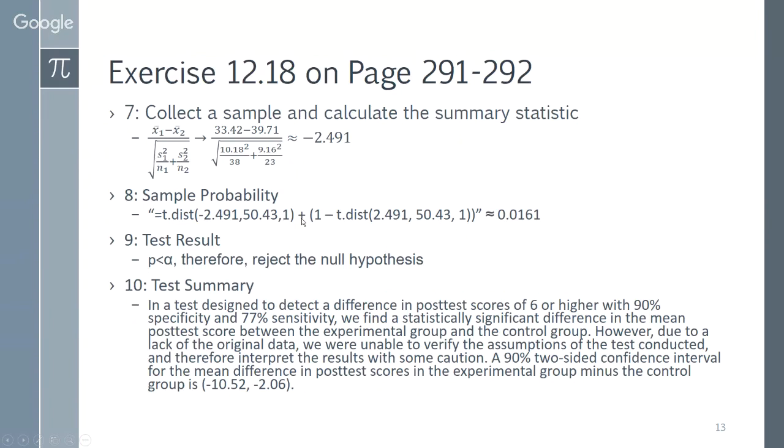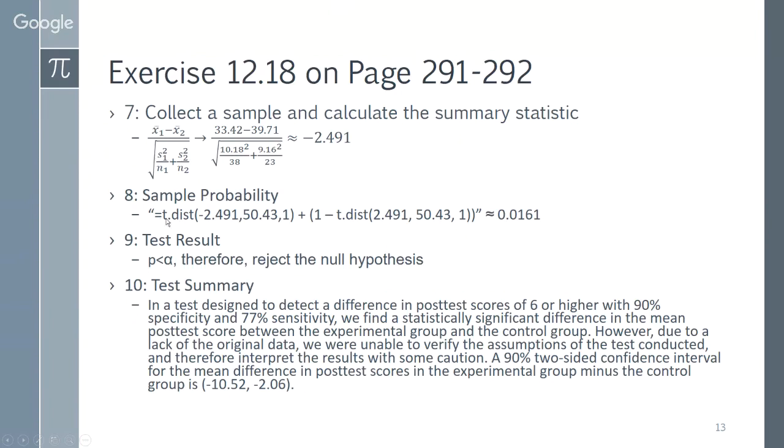Now, what's the probability that I saw something more extreme? That's the sample probability. Now, this is a two-tail test, so I need something further away from 2.491. So that's going to be the probability that t is less than minus 2.491, or the probability that t is greater than positive 2.491.